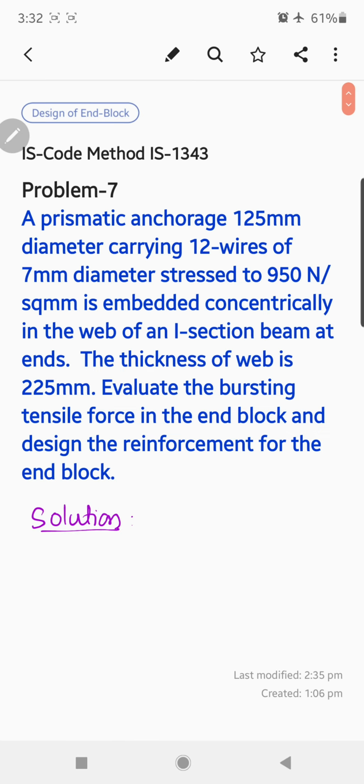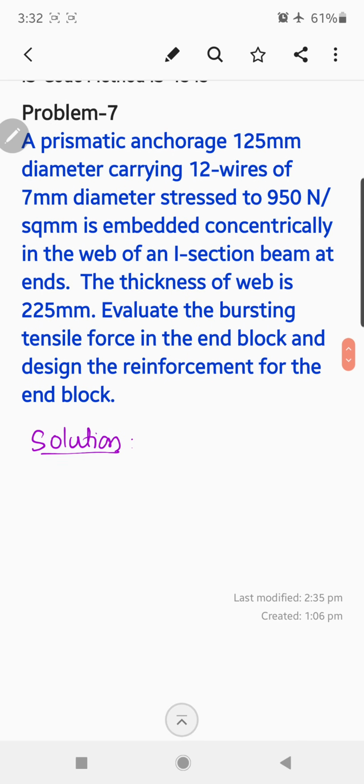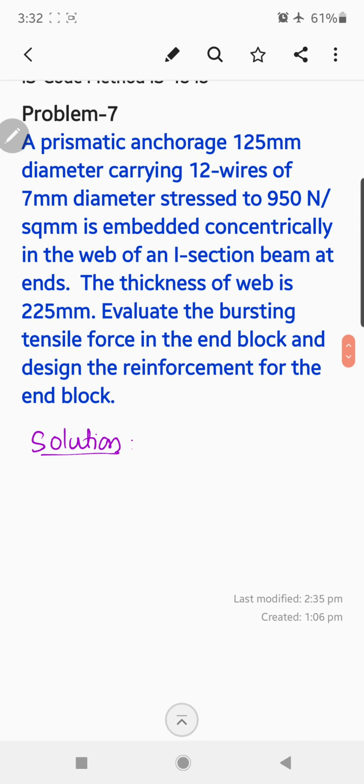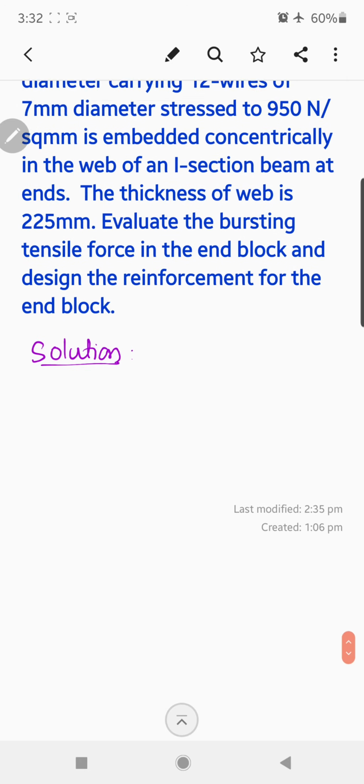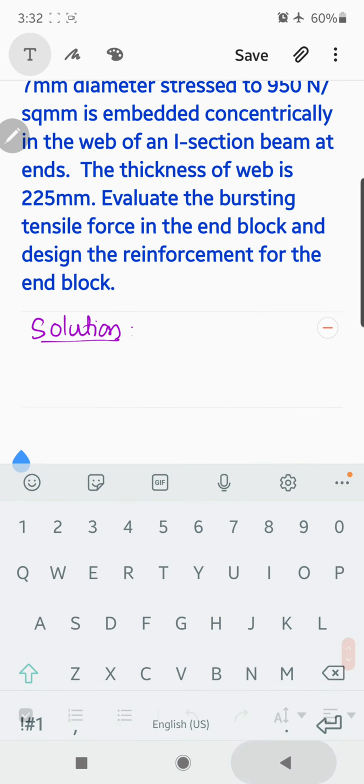Right. This is a problem now. Let us solve. This is an I section now. 12 wires of 7 mm diameter are stressed to 950 Newton per mm square. They are embedded concentrically in the web. So 12 wires are concentrically embedded into the web of the I section. The thickness of the web is mentioned here. So let us draw this section.